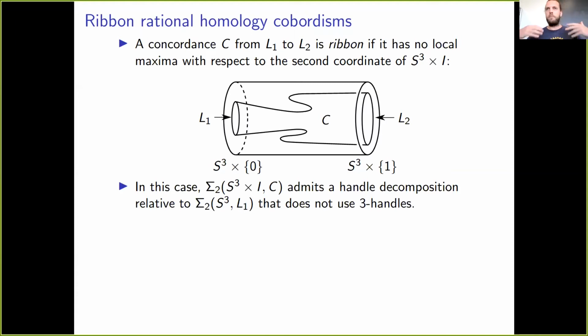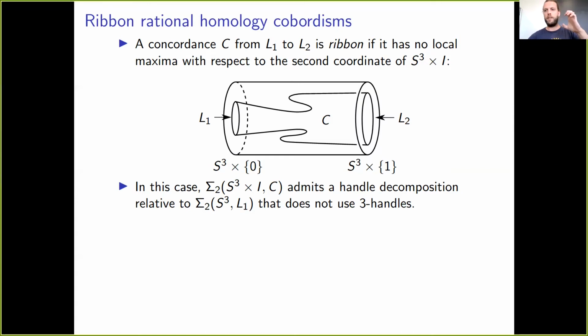One might wonder how we can come up with an abstraction similar to the first one involving these branched double covers. It turns out that if we have a ribbon concordance from a link L1 to L2, then the double branched cover of S3 cross I, branched along our ribbon concordance, is a four-manifold cobordism that admits a relative handle decomposition, relative to the double branched cover of the first link, that uses just 1 and 2 handles.